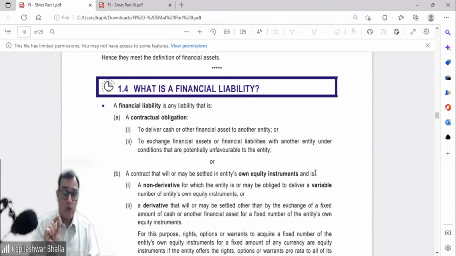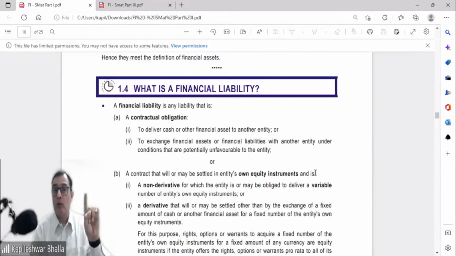It says a contract that will or may be settled in the entity's own equity instruments. This is something very interesting to understand. When we are looking at the mode of payment, the standard has given us basically 2 modes of payment. Please hear this very carefully. When you're looking at a contractual obligation, you want to settle that obligation, and the standard has given us 2 modes of payment.